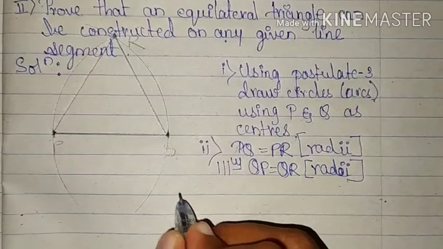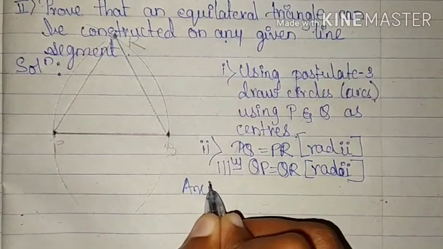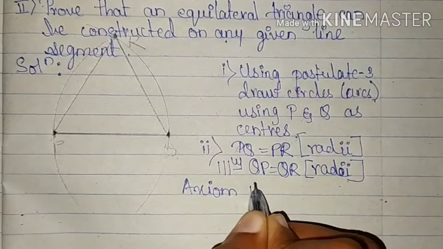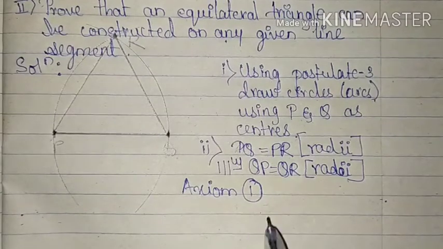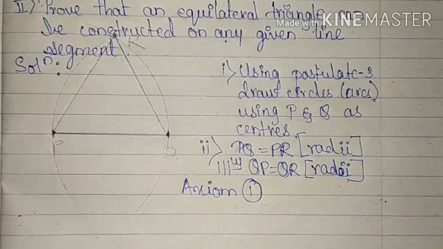So using axiom 1, what does axiom 1 say? It says that things which are equal to the same thing are equal to one another. If AB is equal to BC and BC is equal to CD, then AB is equal to CD.